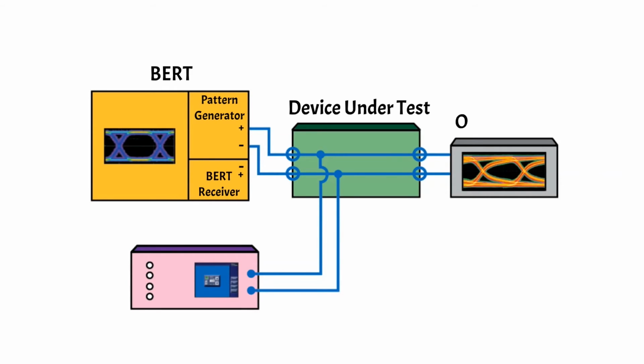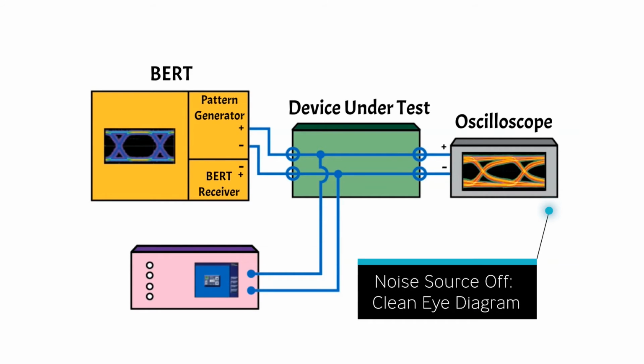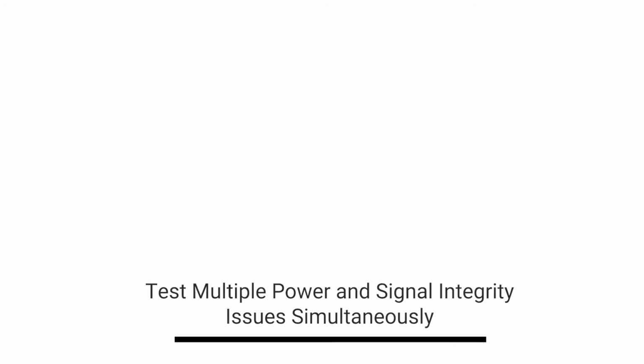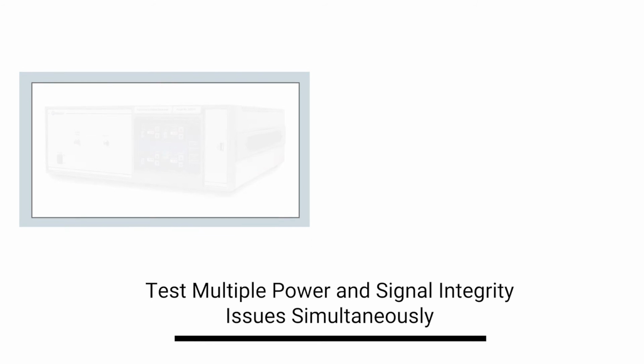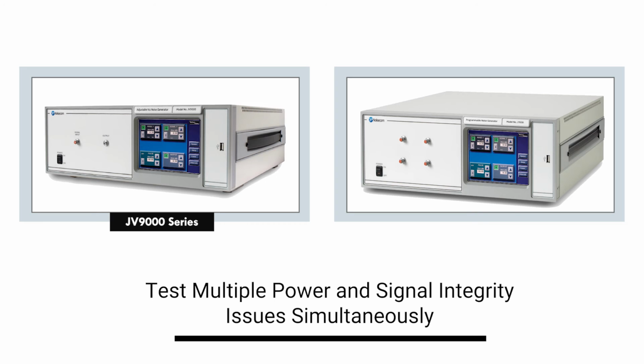The output of the oscilloscope shows a clean eye diagram with minimal jitter when the noise source is switched off. However, when the noise is added to the DUT to test its response to system crosstalk and interference, the results reveal compliance test issues.